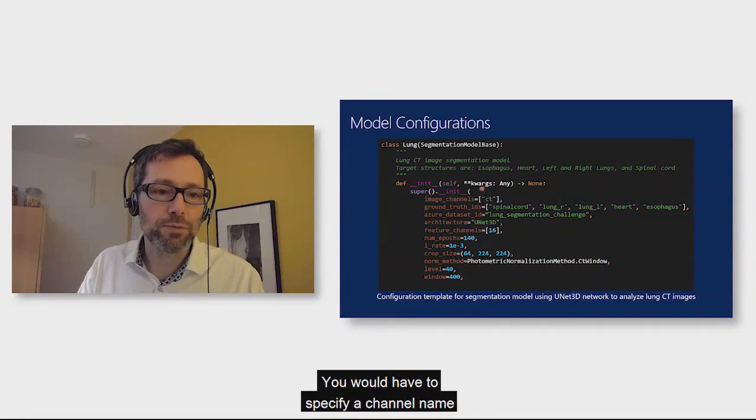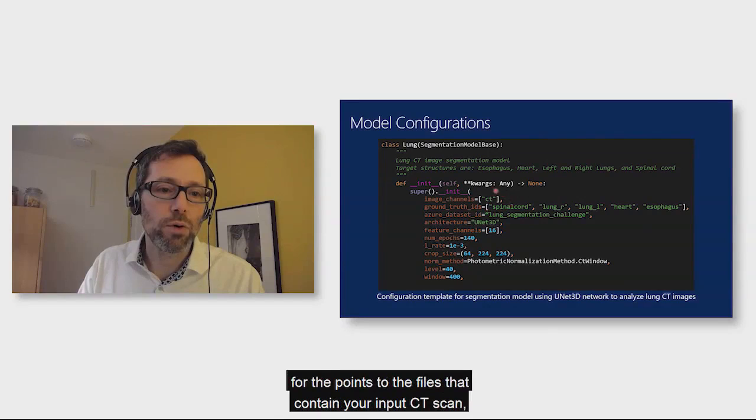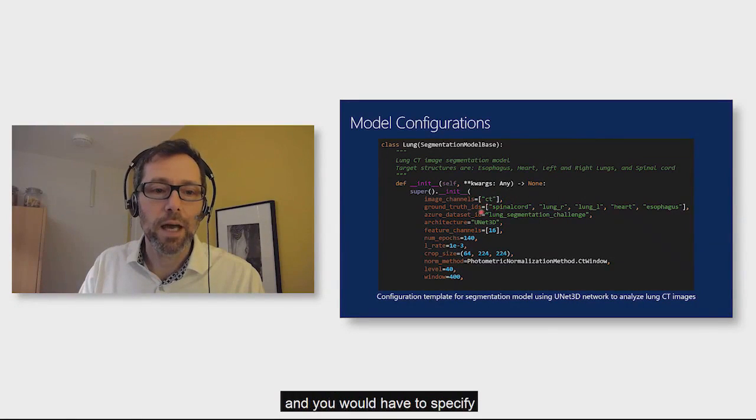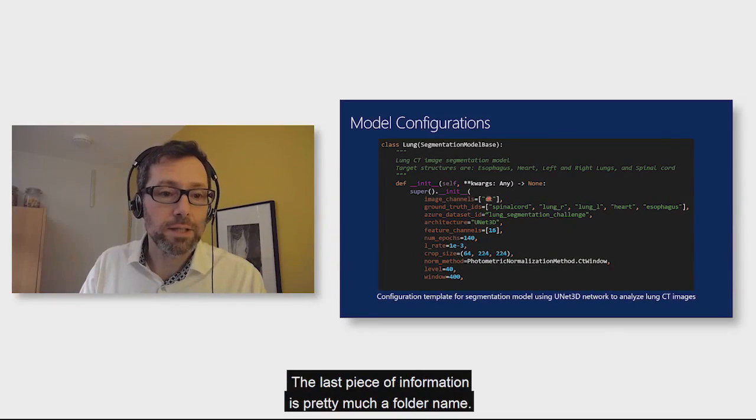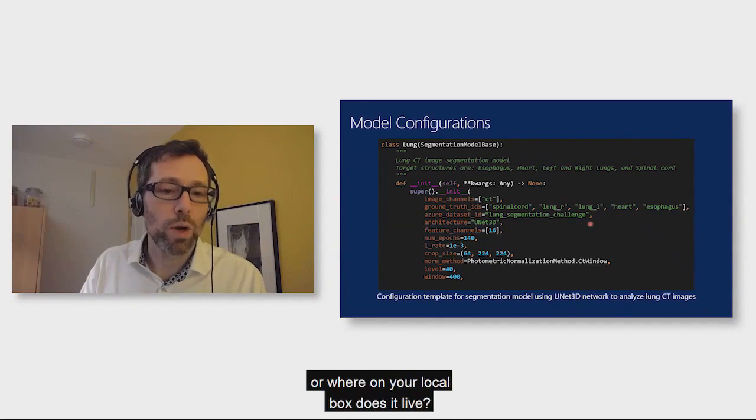You would have to specify a channel name that points to the files that contain your input CT scan, and you would have to specify the 5 anatomical structures that we want to segment. The last piece of information is pretty much a folder name. Where in Azure does this dataset actually live, or where on your local box does it live?